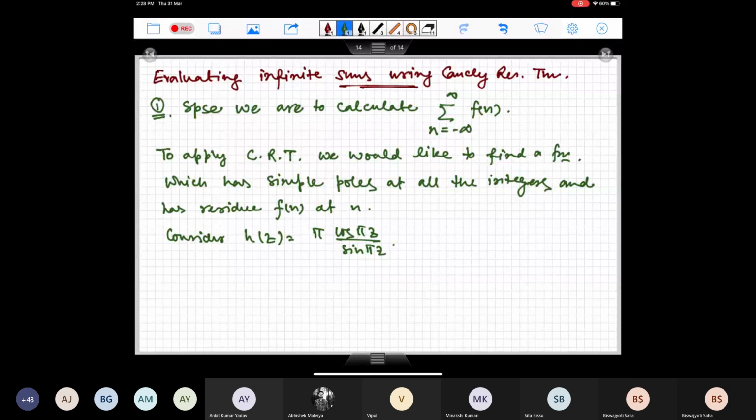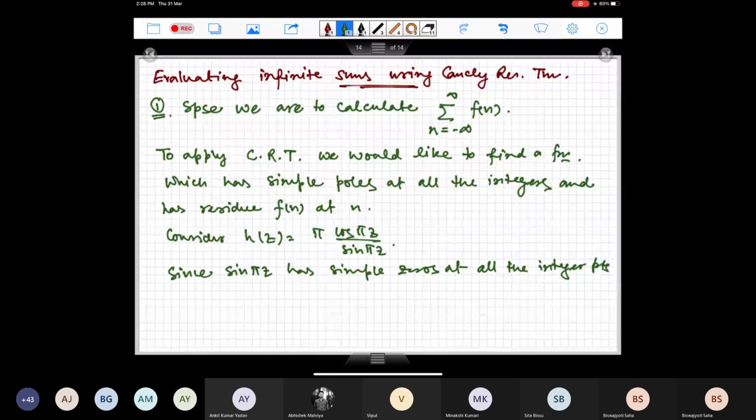Since sine pi z has simple zeros at all the integer points, h of z has simple poles at all the integer points.